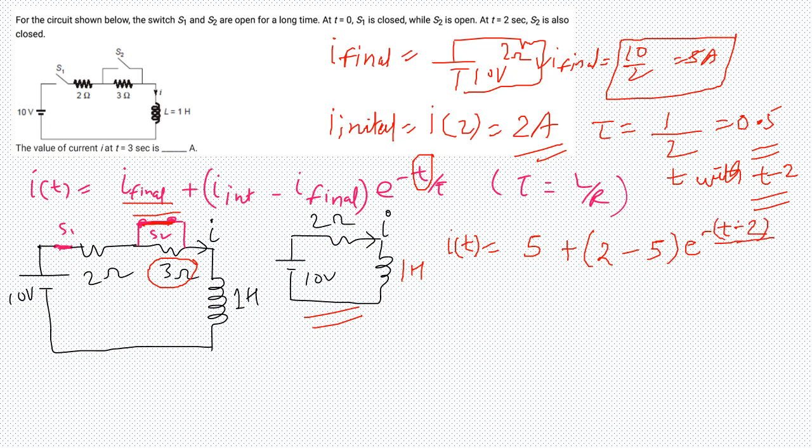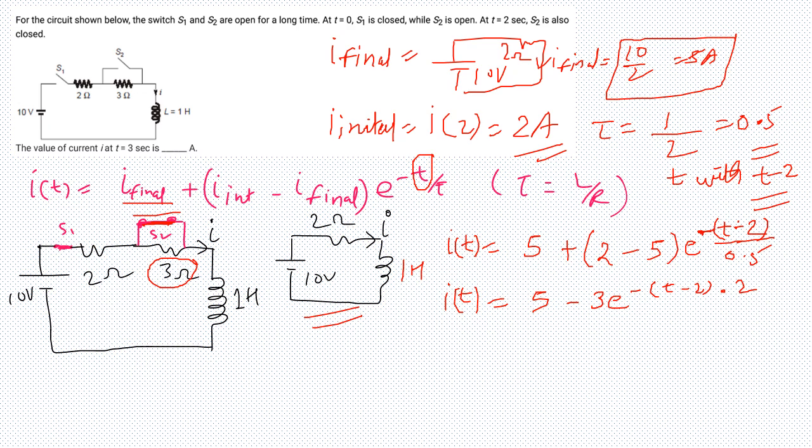Instead of t you have to write t minus 2. Tau is going to be 0.5. So now you get I of t equal to 5 minus 3 e power minus (t minus 2) times 2.